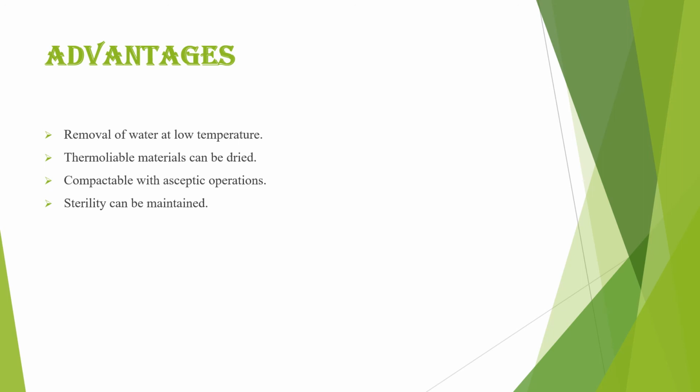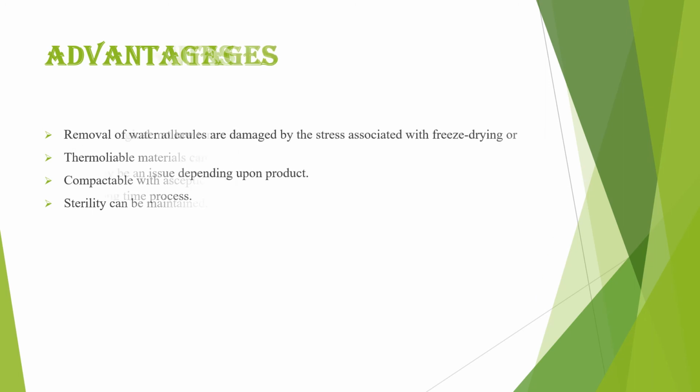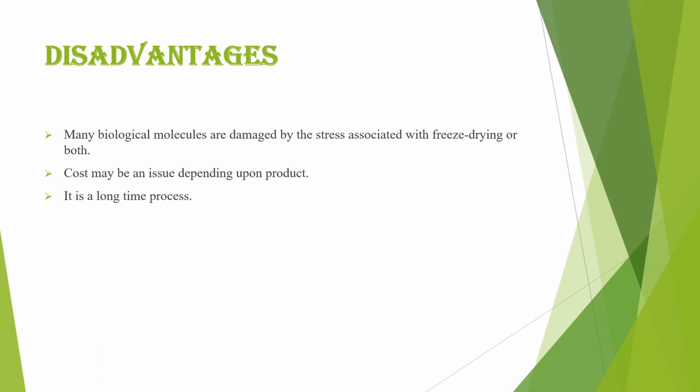Advantages: we can remove water at low temperature due to vacuum. Thermolabile materials can be dried, it is compatible with aseptic conditions, and sterility can be maintained. Coming to disadvantages, many biological molecules are damaged by stress associated with freezing, drying or both. Cost may be an issue depending upon the product, and this is a long time process.